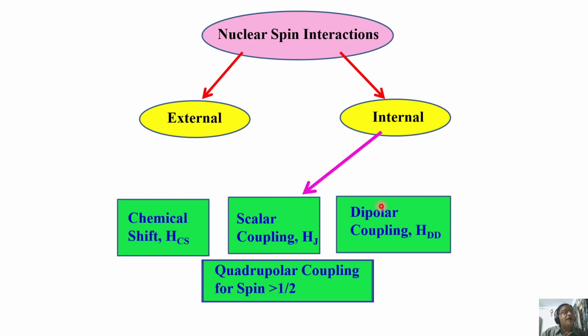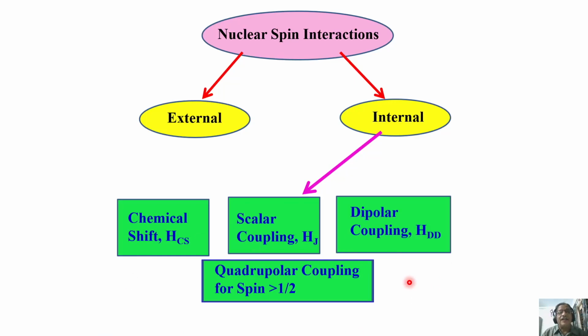All these three parameters pertain to spin half nuclei. But we can consider nuclei whose spin is greater than half. For example, we understood nitrogen-14, which has a spin 1.